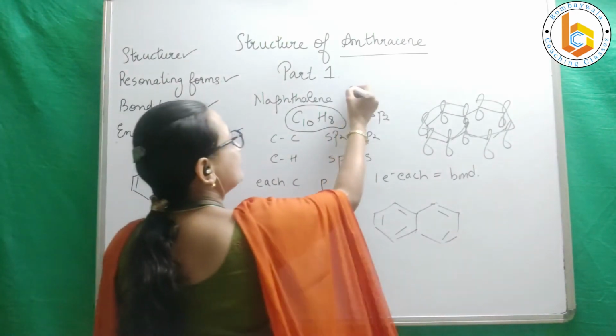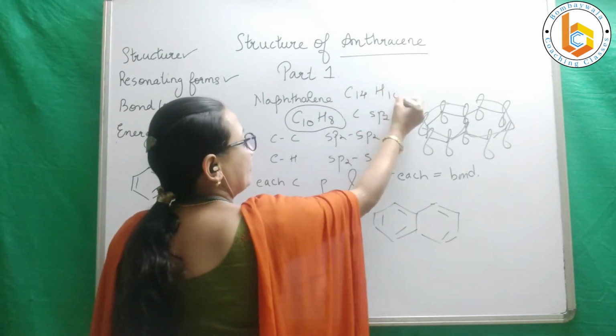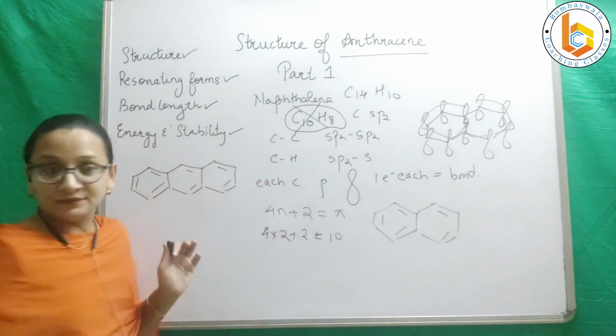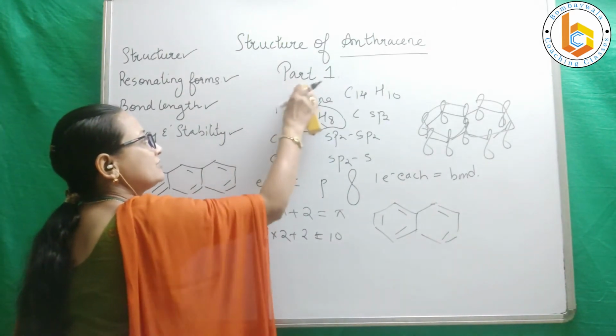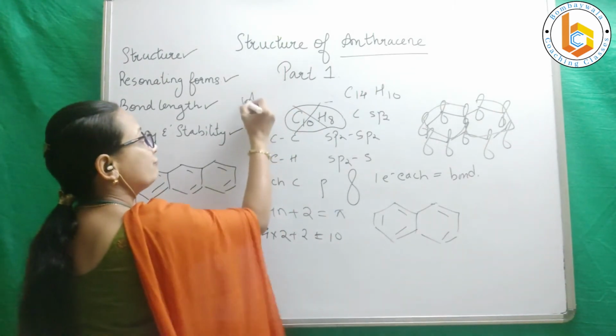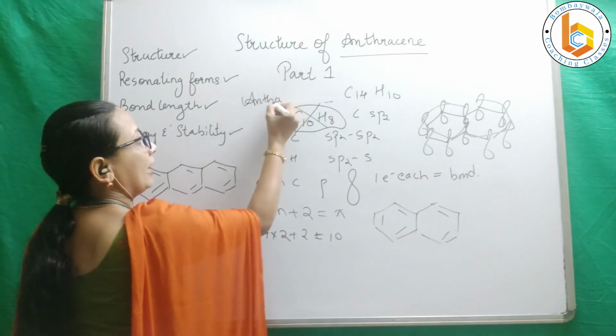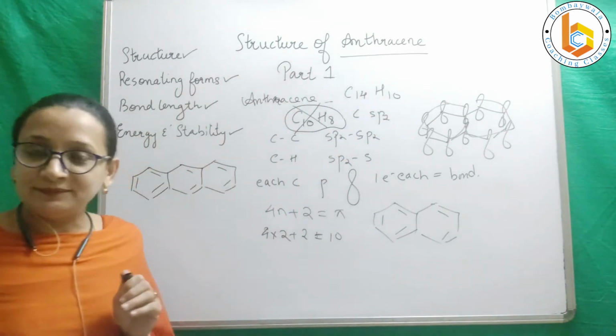So for anthracene, the formula is C14H10, correct? If I want to visualize or understand it for anthracene, the formula is nothing but C14H10, right?